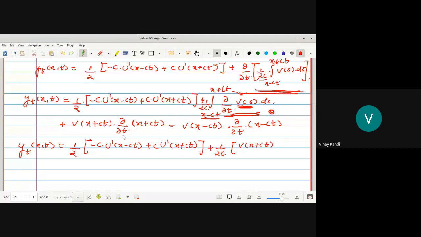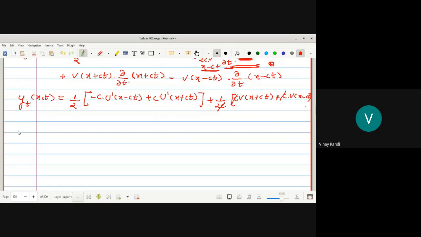The derivative of this one with respect to t is c, minus c into, okay, minus minus हा काय होईल तुमच्या इथे प्लस होईल v of x minus ct. ओके, हा c काय होईल कॅन्सल होईल.